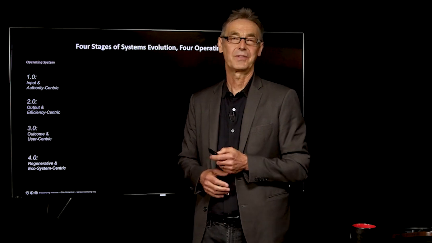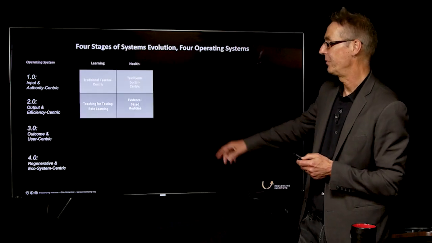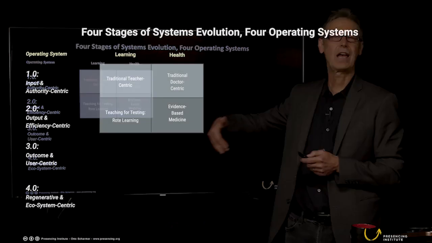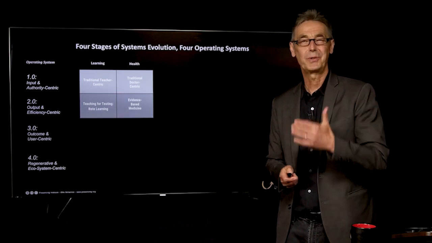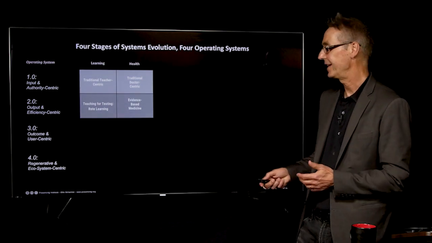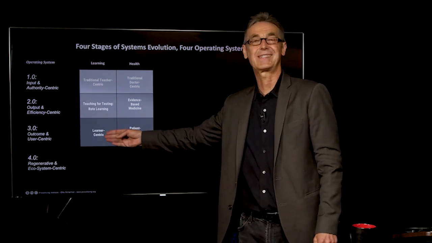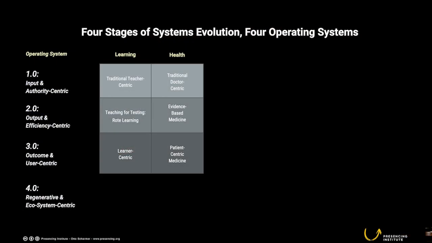Today, the mainstream is very much still on 2.0, output and efficiency-centric. For example, in learning, teaching for testing. In health, we have evidence-based medicine. But we know that real learning is not teaching for testing. It has to do with student-centric learning environments.